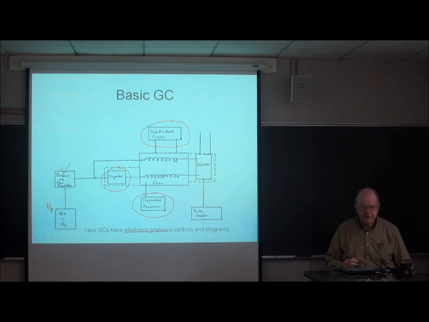By far the two most common are the so-called flame ionization detector, which can measure virtually anything that burns. So anything that has carbon and hydrogen, CH bonds in it, you can measure with a flame ionization detector.